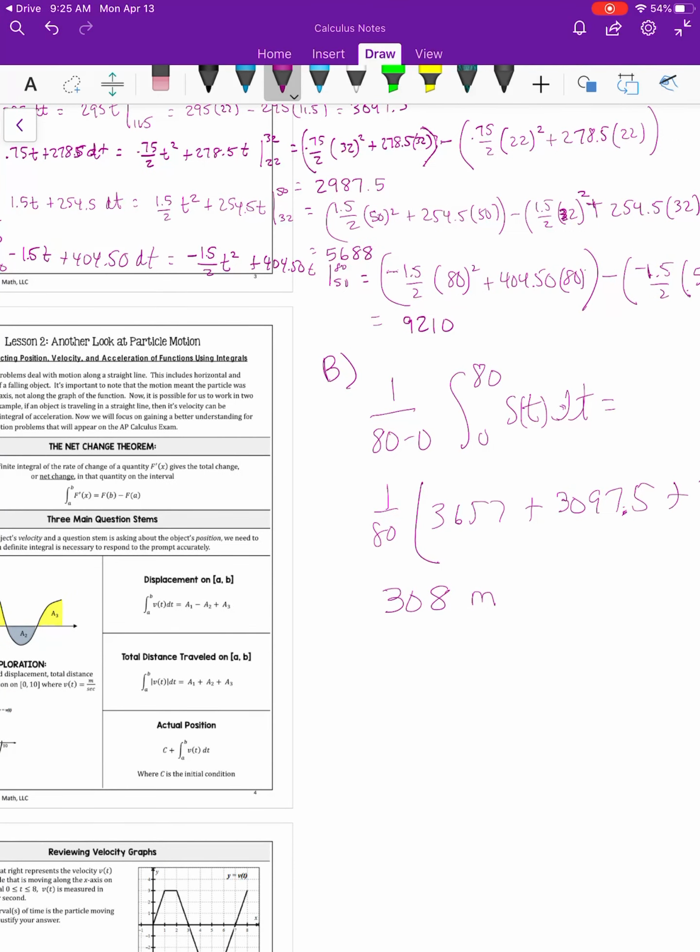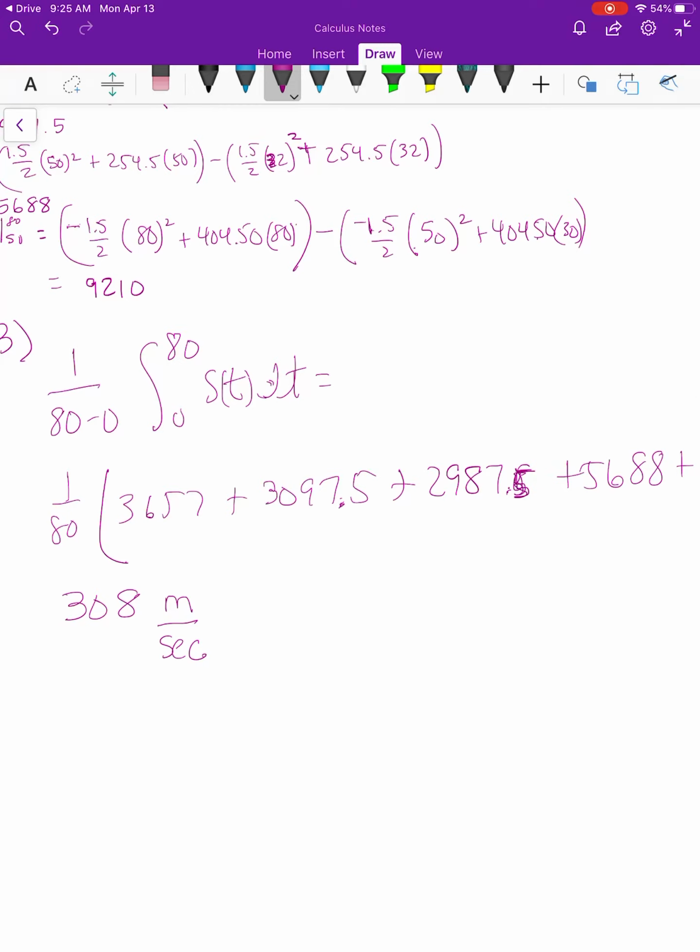But when we integrate, we're just left with meters per second, right? We're just left with that unit there. So this is going to be 308 meters per second, but the speed of sound, we typically measure in miles per hour.